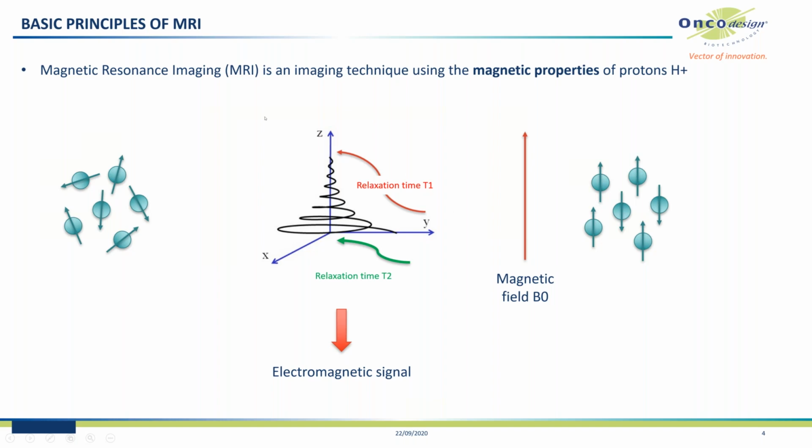But they will do that with a specific rotation around the axis and specific relaxation times that are called T1 and T2, that are very different: along the axis of the magnetic field, that is T1, and in the plane, that is T2. While doing this, it creates an electromagnetic signal that can be measured, and that is the origin of the MRI signal.